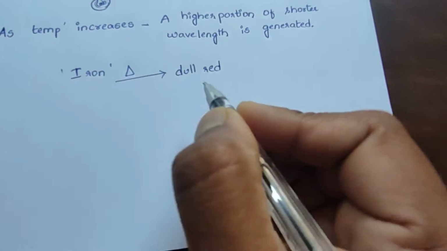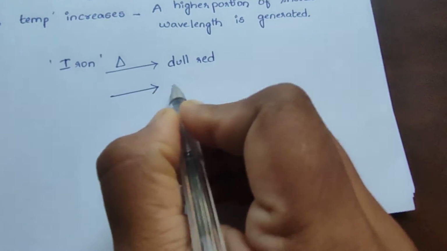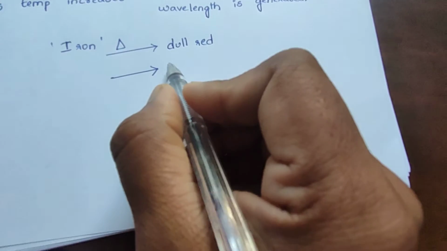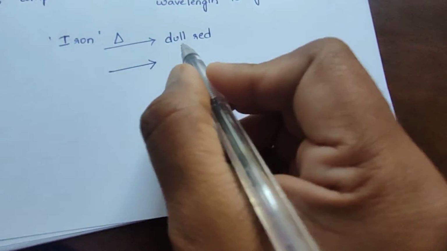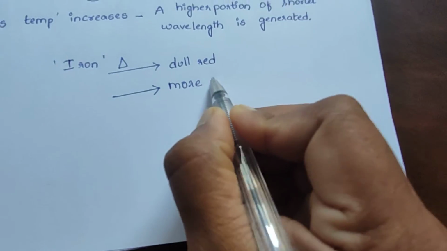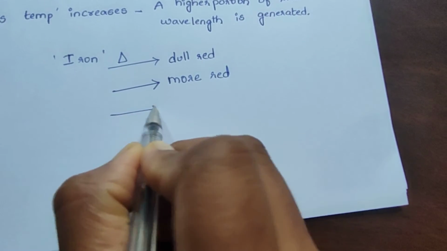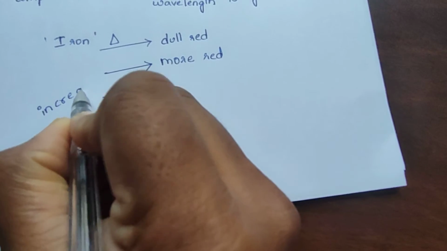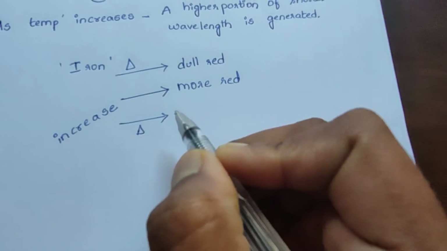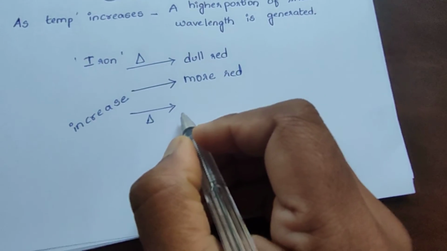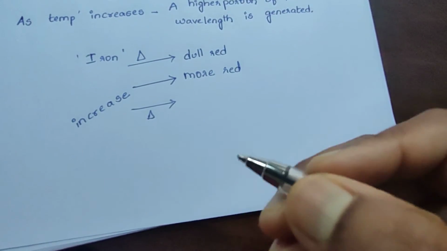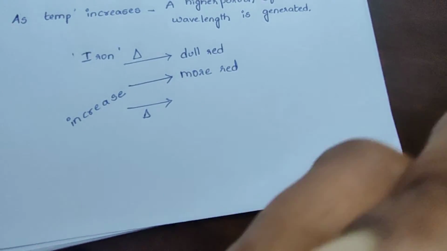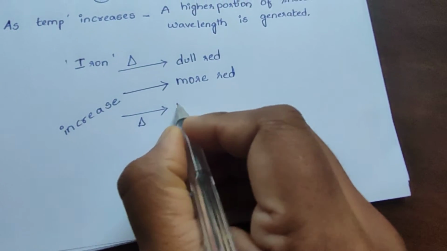If we further increase the temperature, the color changes from dull red to more red, that is, bright red. If we increase the temperature further, this red color goes on changing to white, and then we can observe blue color.